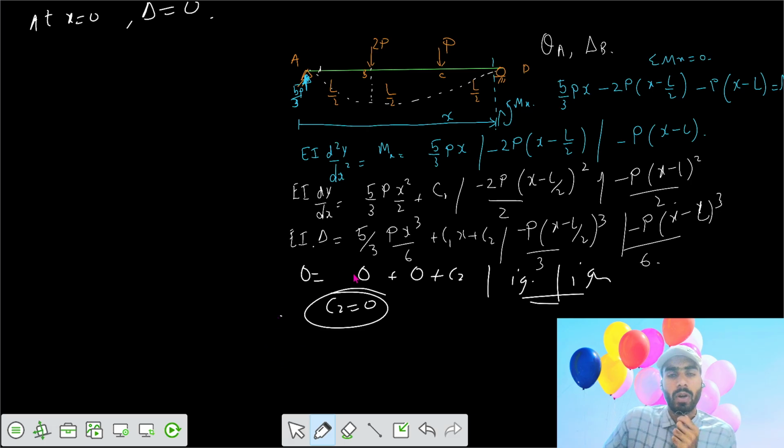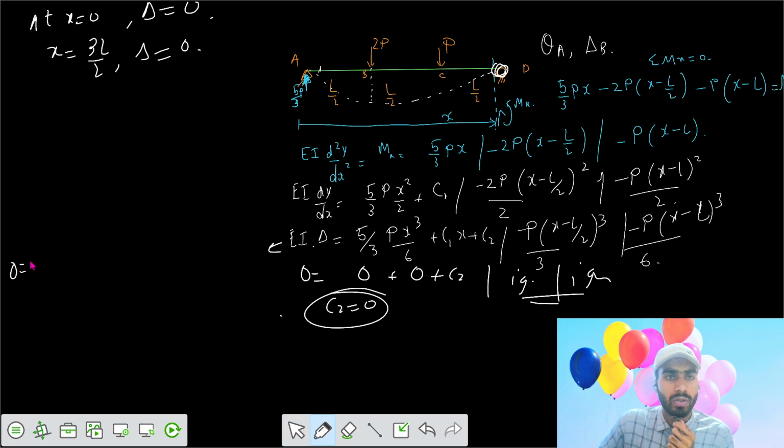Now we have one more boundary condition: if you go to the point D, that's at x equals to 3L by 2, your delta is also 0. So if you substitute here that delta is 0 at x equals to 3L by 2, you get 5 by 3 P (3L by 2) whole cube by 6 plus C1 into 3L by 2.